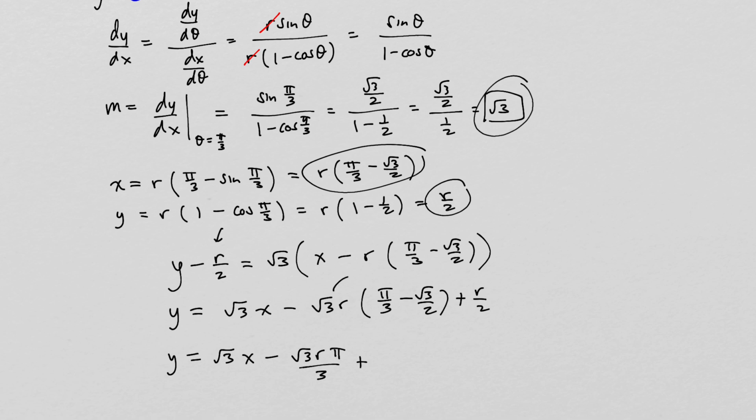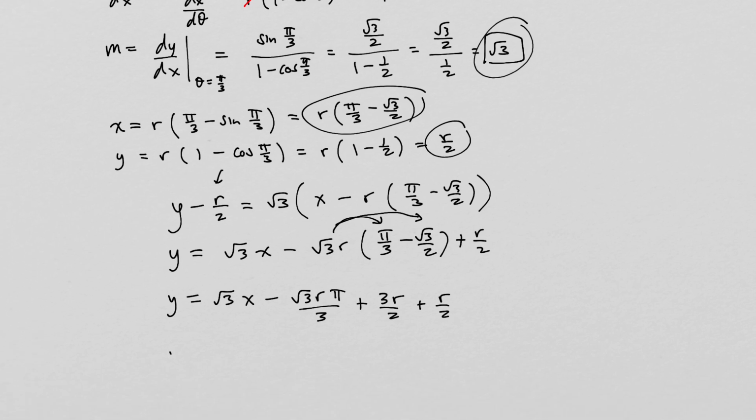Let's see here. So if I multiply that, I get that. Negative times negative is positive. Radical 3 times radical 3 is 3r over 2, plus r over 2. I suppose it does get a little bit nicer. This is going to be 4r over 2, which is 2r.